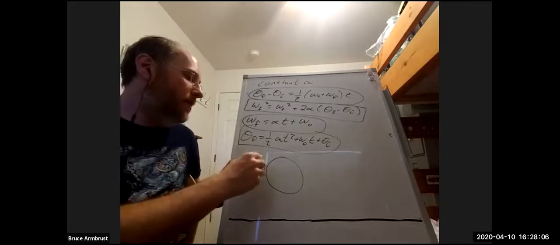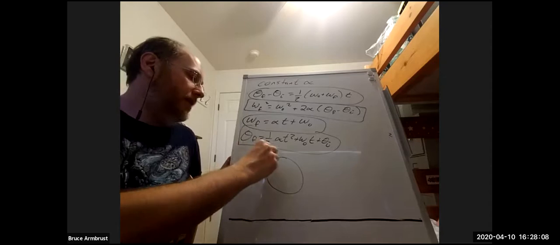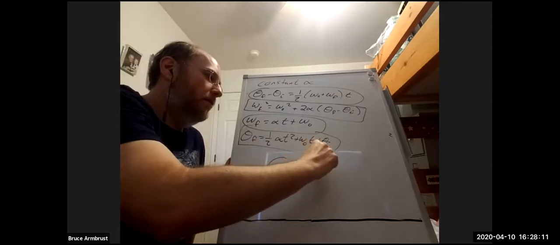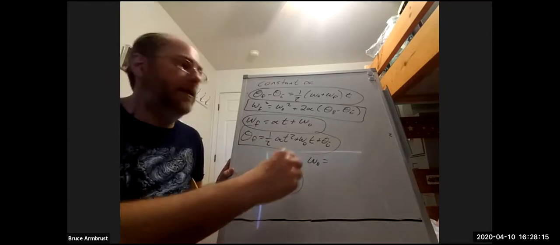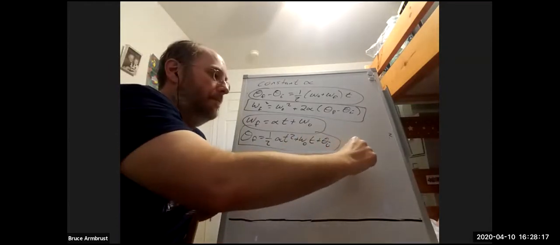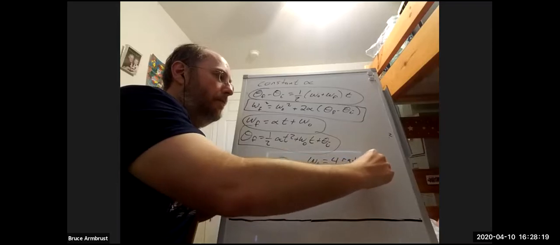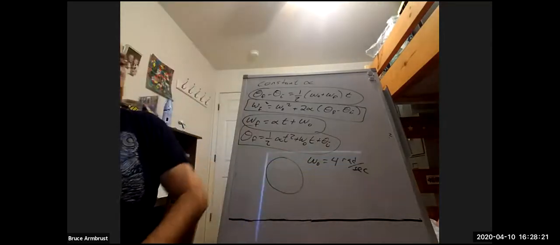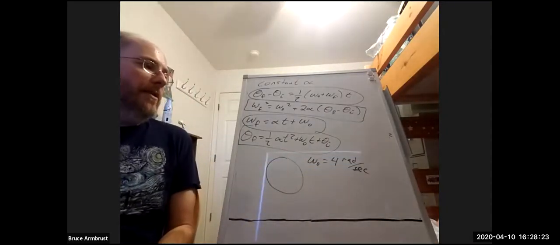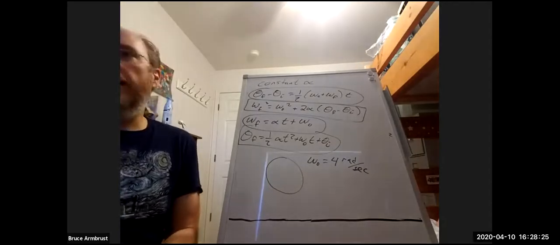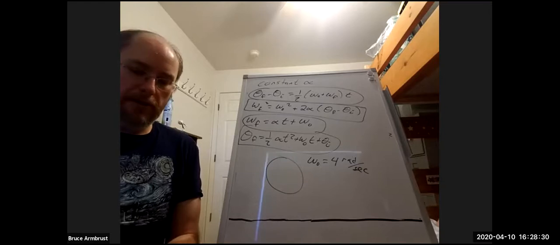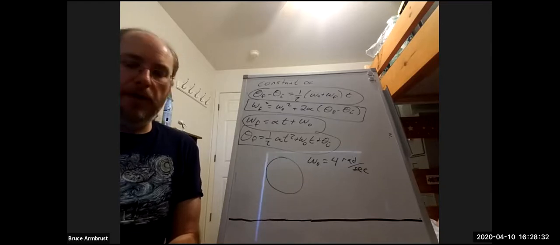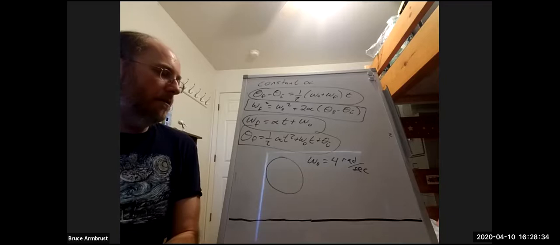And let's say that what we know is that initially we've got an angular velocity of 4 radians per second. So that means in every second, we're going to do 4 radians, which is just slightly under 2/3 of a rotation, because a rotation would be 2 pi or 6.28.